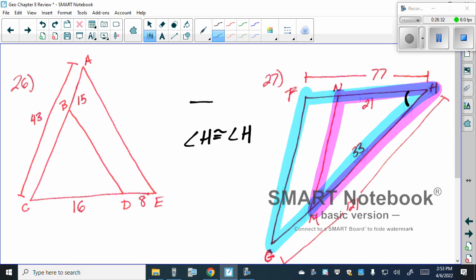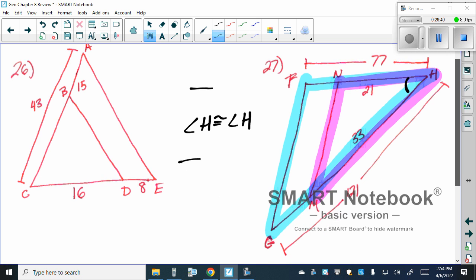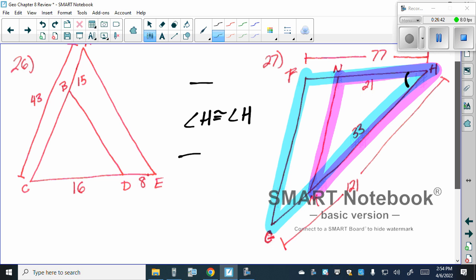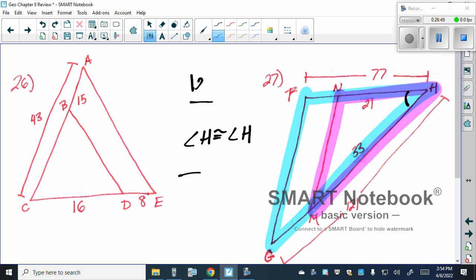So we also have 2 sets of sides. So if these are similar, they're going to be similar by side, angle, side. Now, one of the side lengths that we have is what? 121 first, and the side that goes with it is 33.